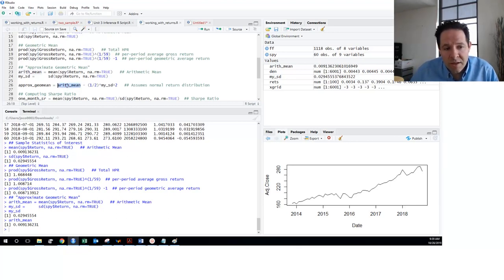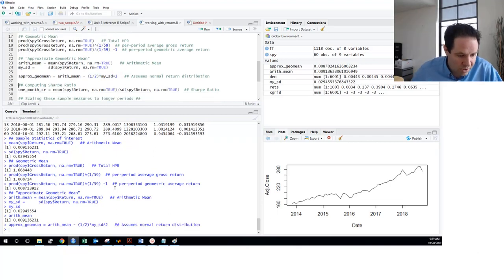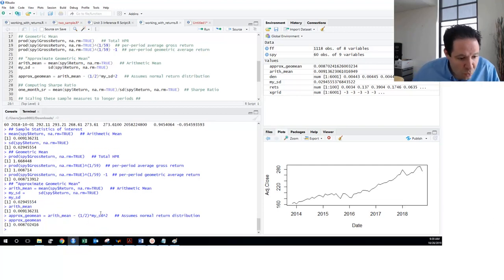What you do is you plug in the arithmetic mean, that sample mean, subtract 1/2 times the standard deviation squared, and remember that this calculation assumes that we have a normal distribution. Notice that if you compute this approximate geometric mean, that's actually quite close to what the geometric mean was when we calculated that just above. And so maybe that assumption of normal distribution wasn't such a bad one.